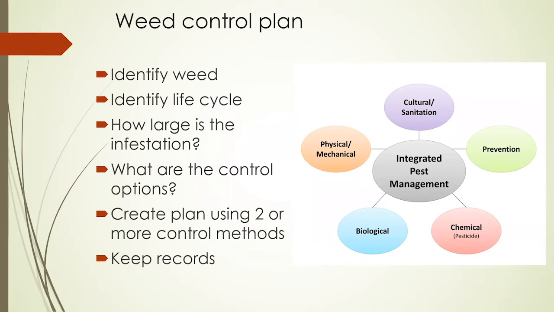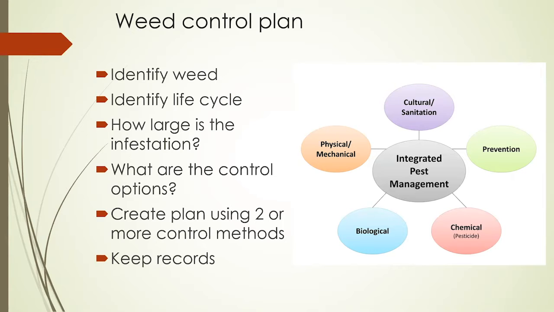We want to look at how large the infestation is. There are control measures that become uneconomic or unfeasible based on the size of an infestation and where the infestation is. We want to look at what all the control options are, and we want to create a plan using 2 or more control methods. And then we want to keep records, so we can know what we did, what worked, and what didn't work.